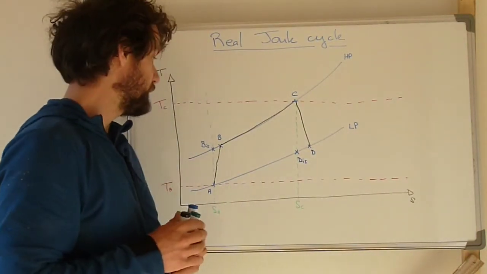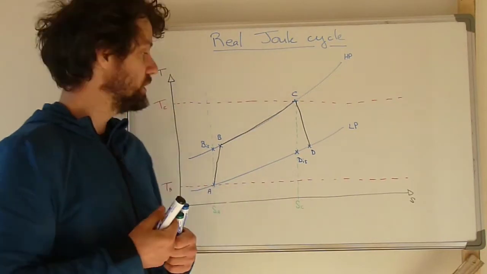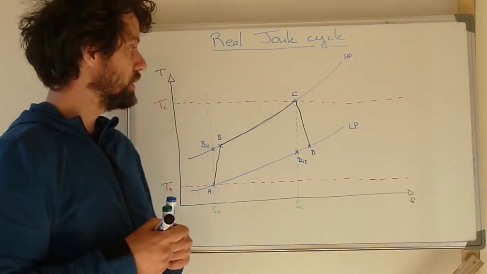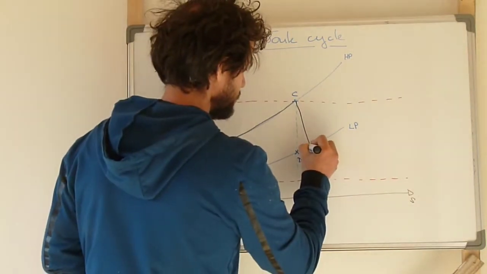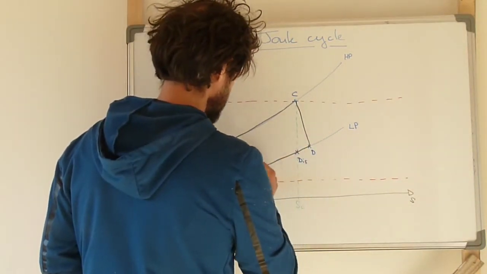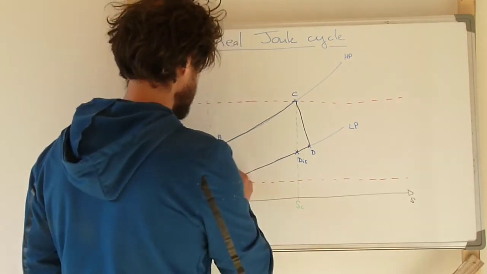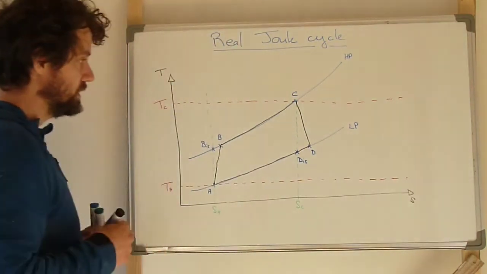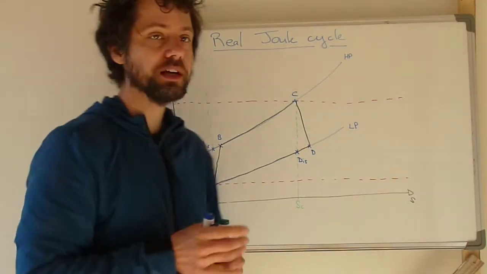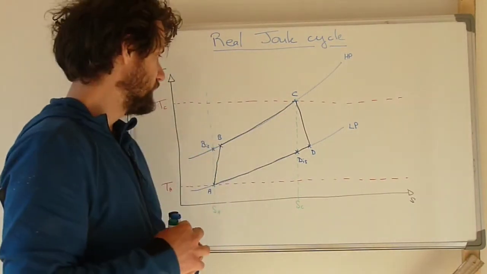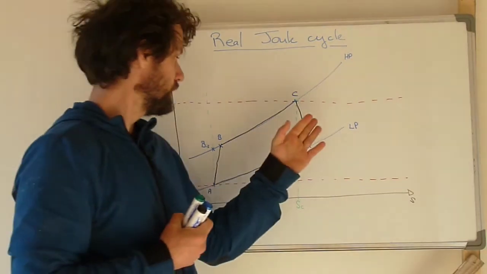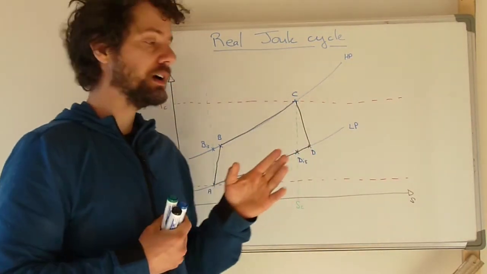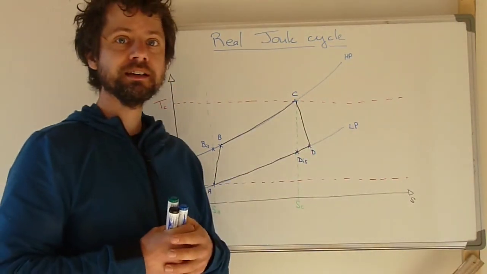And then finally there's the heat transfer with the cold source, which is at low pressure, in order to cool down the fluid from point D to point A. So on this TS diagram we can already see a lot of things, because the compression and the expansion are both adiabatic.